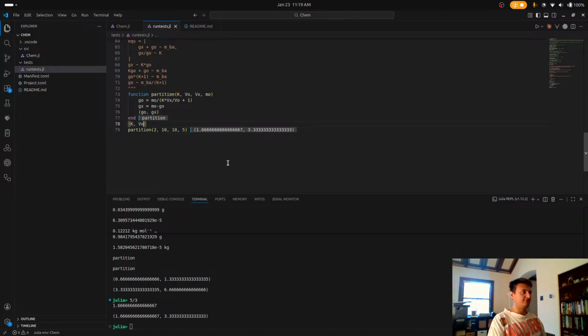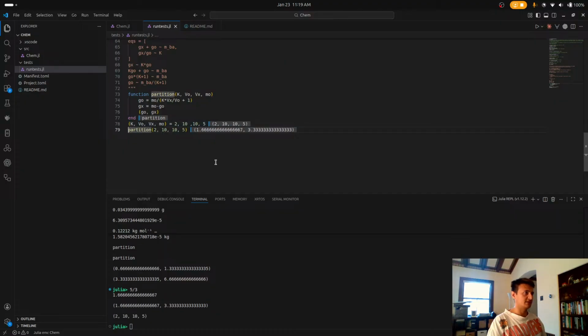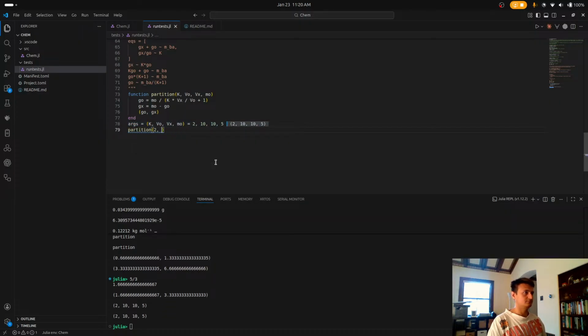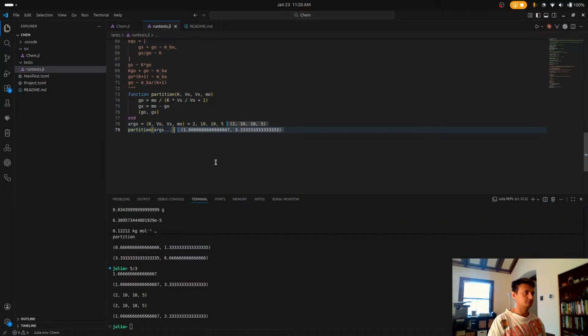K, VO, VX, MO is equal to 2, 10, 10, 5. I got that. Let's see. But what we want to do is say that GO, GX is equal to this.